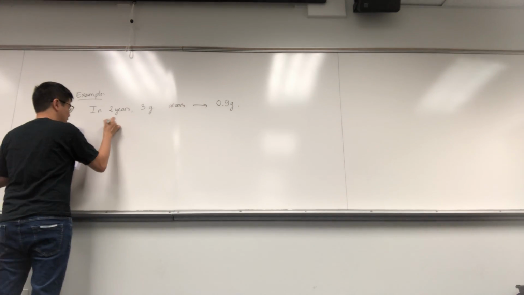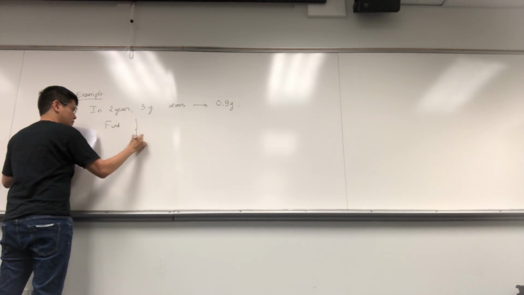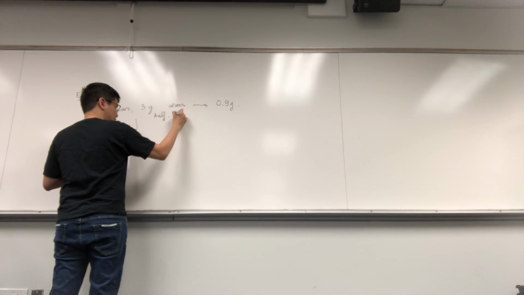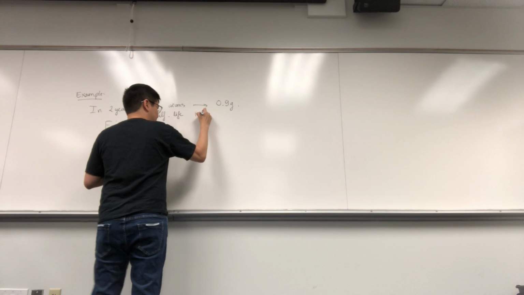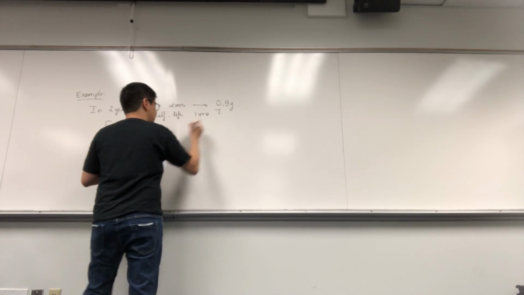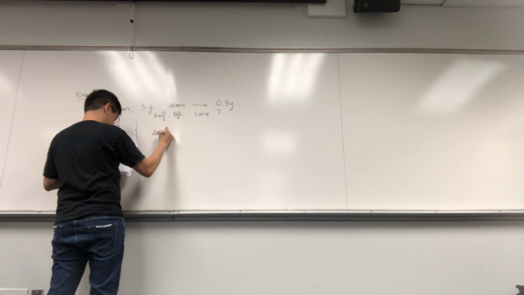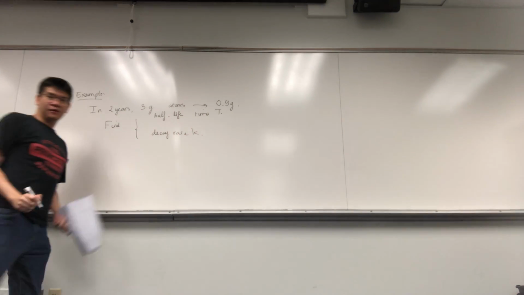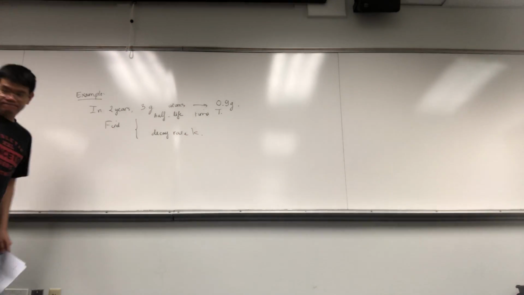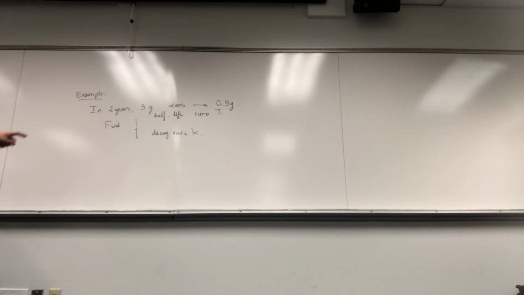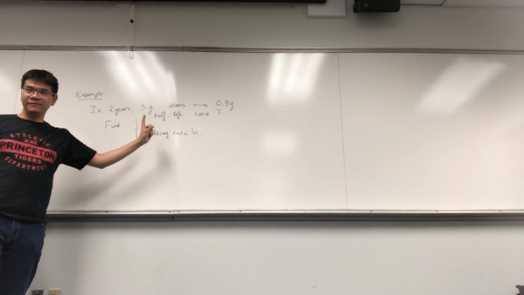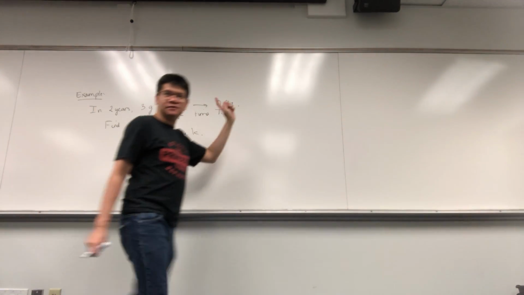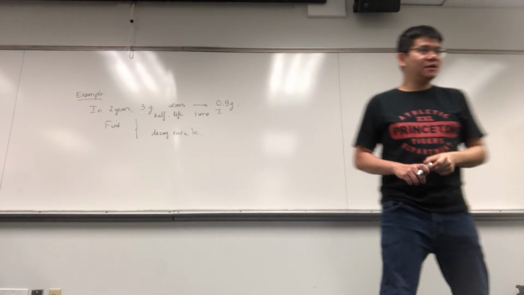So find the half-life time t and the decay rate k. All right. So in the beginning, you have 3 grams, and after 2 years, it is 0.9 gram.